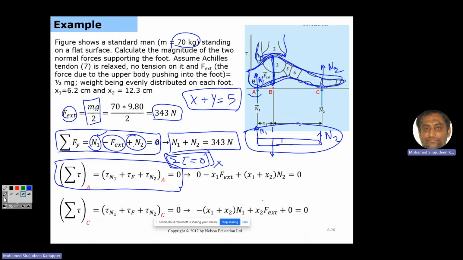You can choose, for example, point A, or point B, or point C, or any other point, even outside of the foot. If it is in equilibrium, you can say the net torque equal to 0 about any point that you choose. But we have to choose it wisely so that you get the answer to the questions.